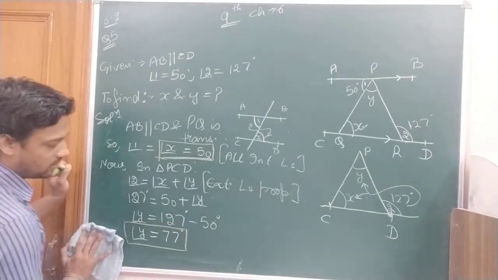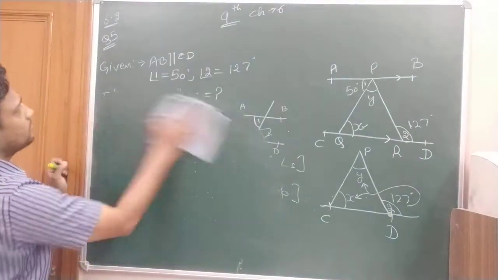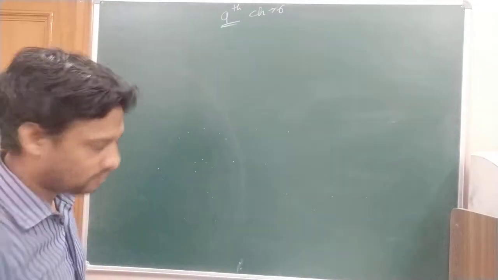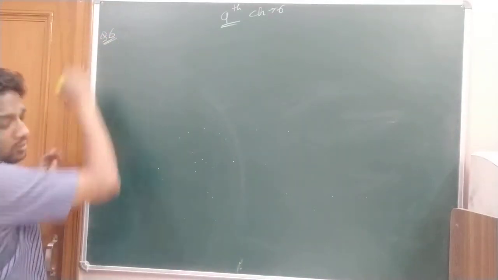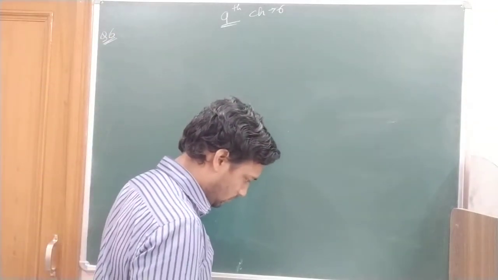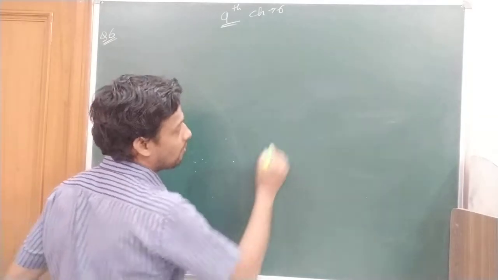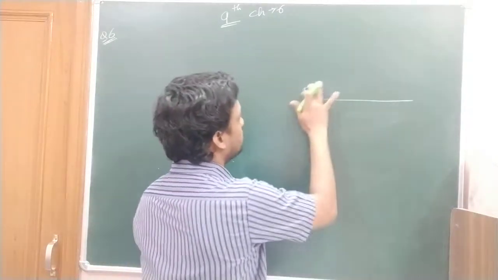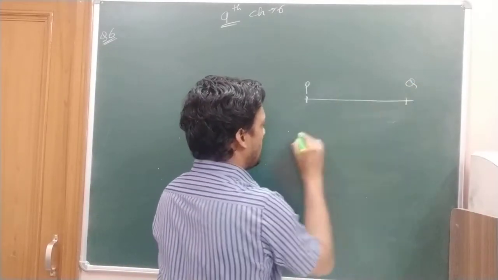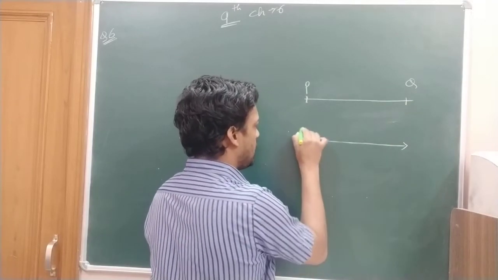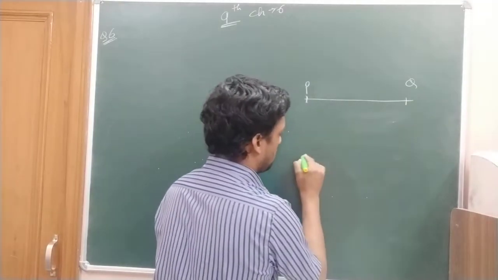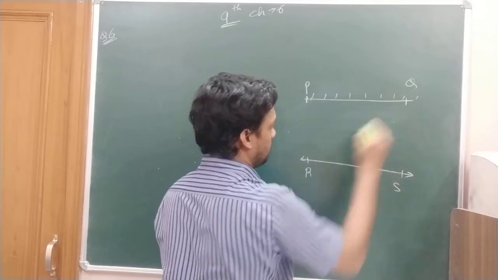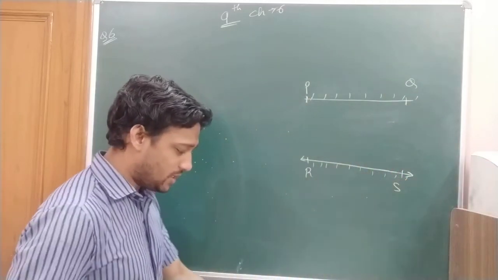Question number 6. PQ and RS are the two mirrors.